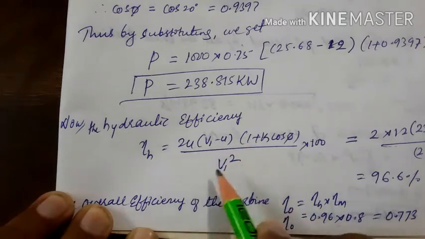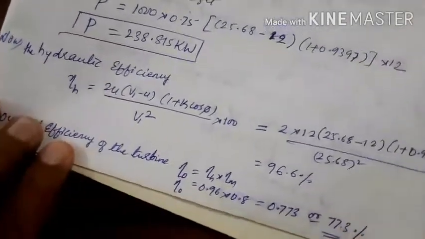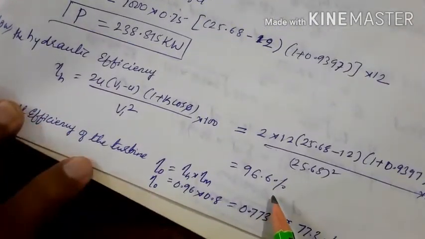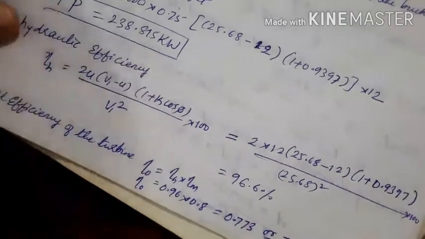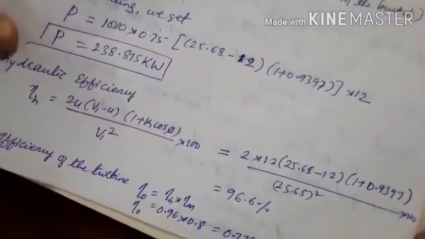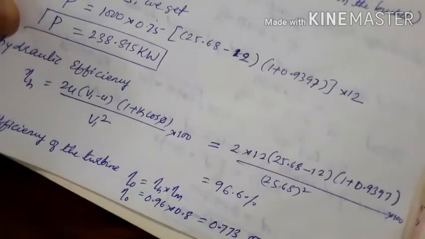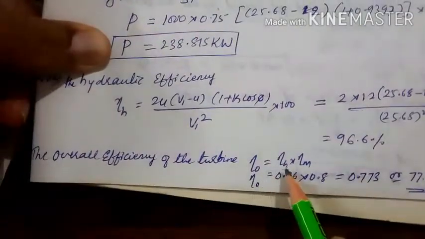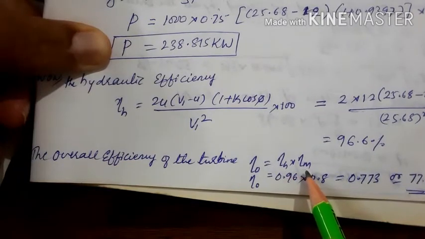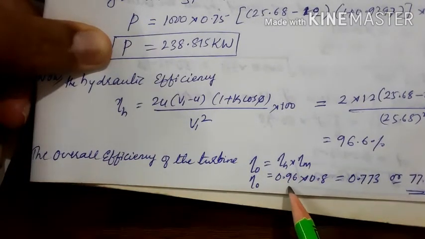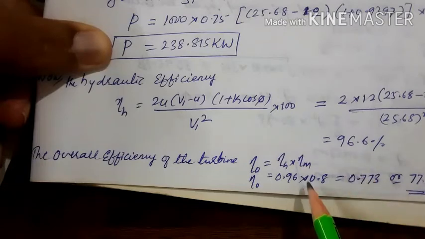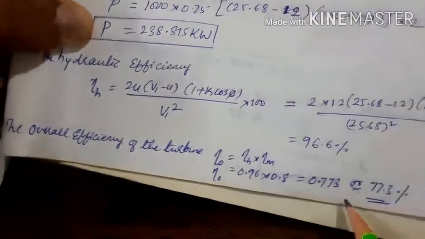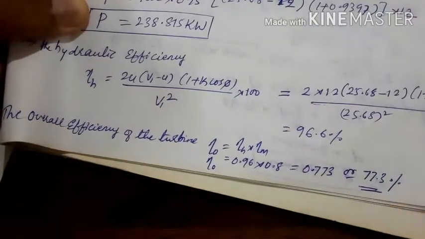When we use this formula, we get the final answer as 96.6%. Then the overall efficiency of the turbine, as we know, will be hydraulic efficiency into mechanical efficiency. Hydraulic efficiency we got as 0.966 into 0.8, we get overall efficiency 77.3 percentage.